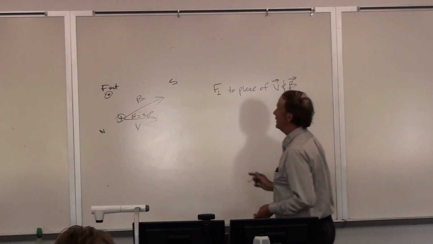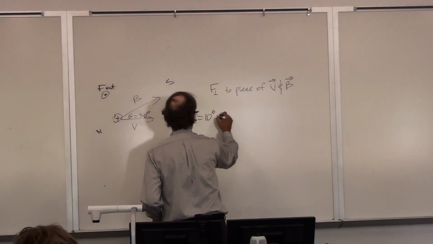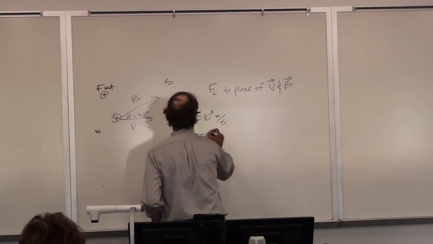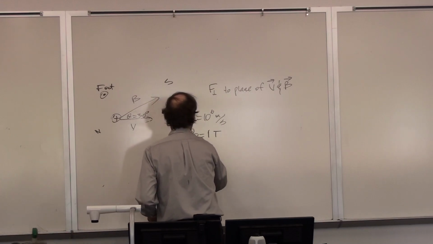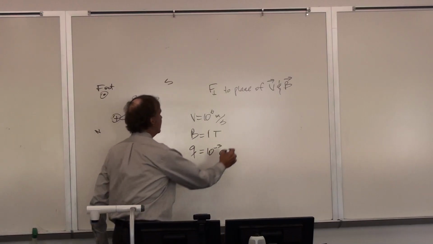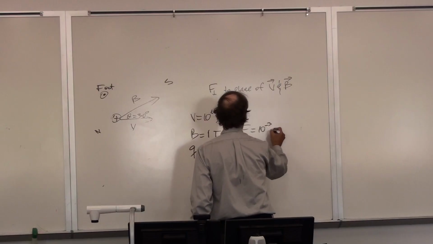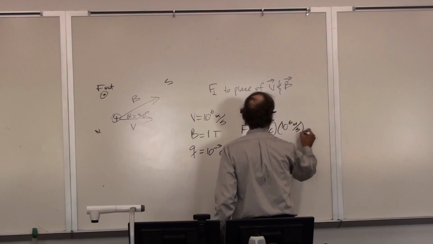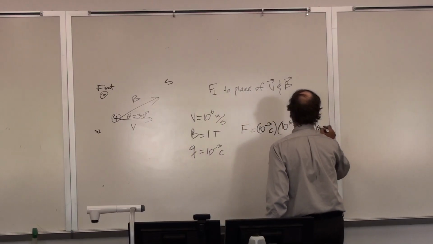Okay, so if this were the case, let's say that V here was 10 to the 6 meters per second, B was equal to 1 Tesla, and Q is equal to 10 to the minus 3 coulombs. Then our force, F, would be equal to 10 to the minus 3 coulombs times 10 to the 6 meters per second times 1 Tesla times the sine of 30.